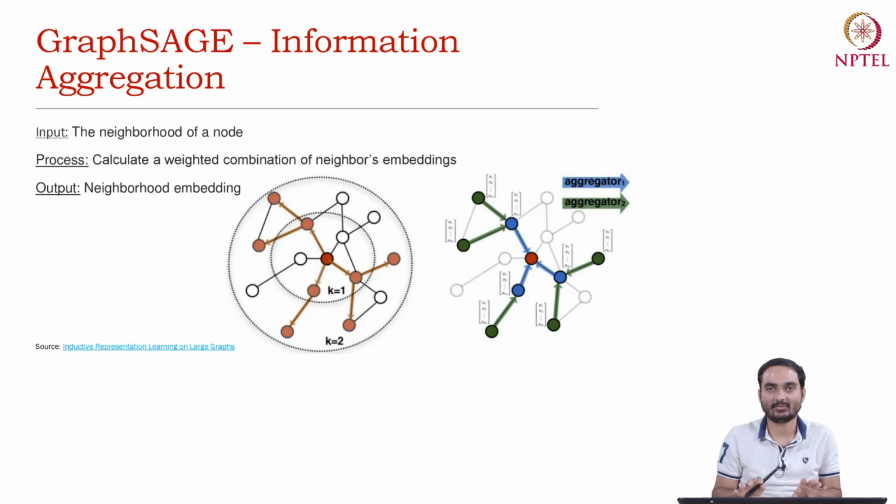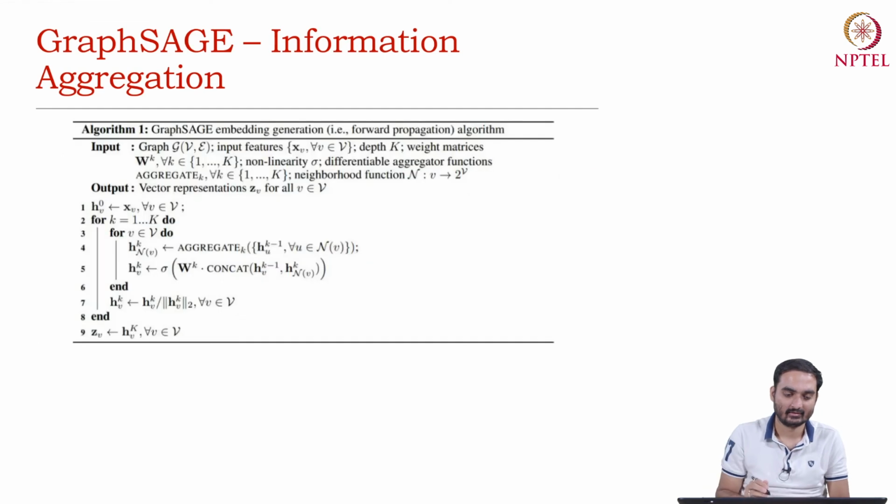So it's a generic approach which turned out to be better than GCN and other graph convolutional network type approaches, and the good part about this is that it is inductive. So for a new node, it should be able to produce the representation.